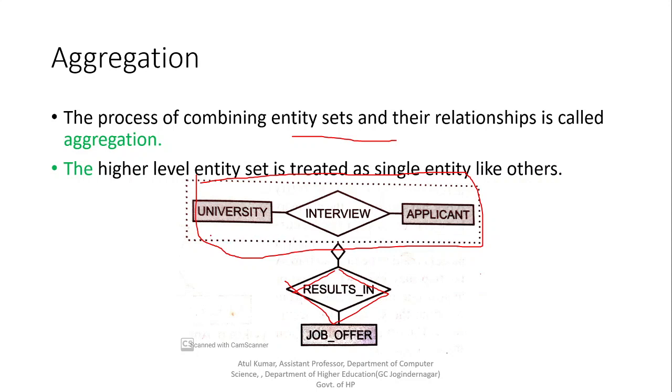So to do this, we combine this entity relationship between university and applicant into a higher level entity, and it is treated as a single entity, and it is called aggregation. The symbol here to represent aggregation is like a small diamond as shown here.